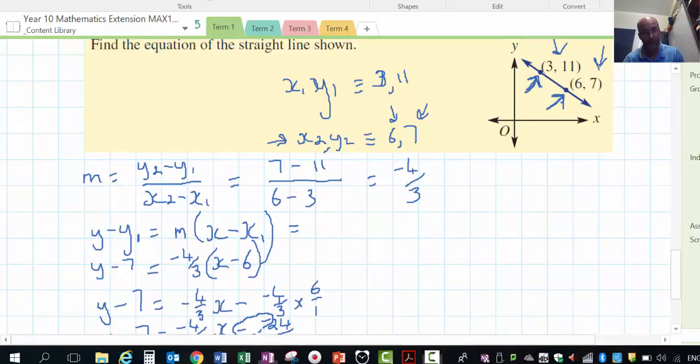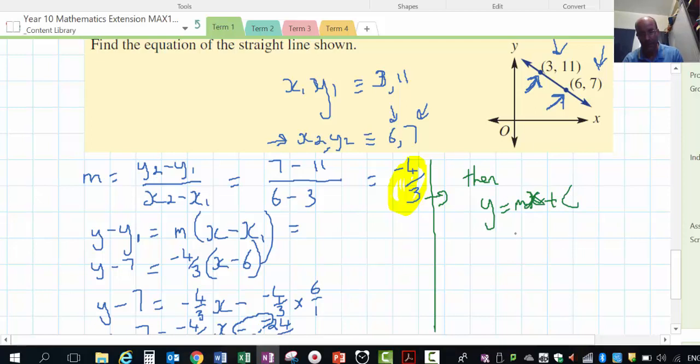The second method involves going back to this step here where you found the gradient and then writing, this is a second method, alright? So you've still got to do that first step the same, and then write down y equals mx plus c.